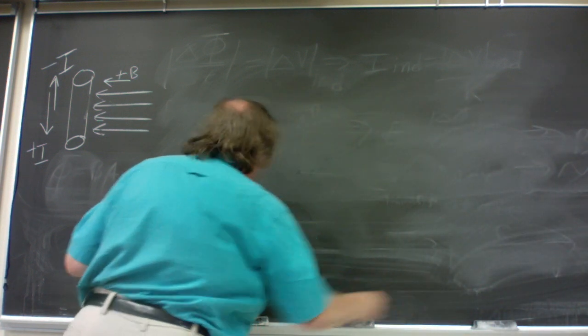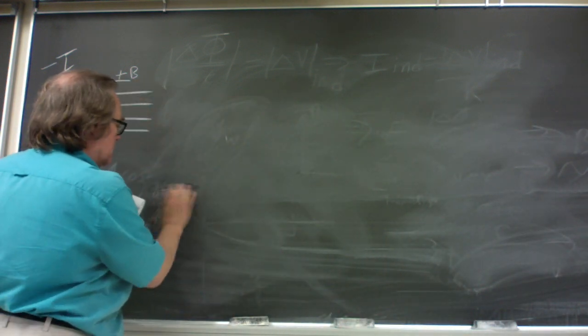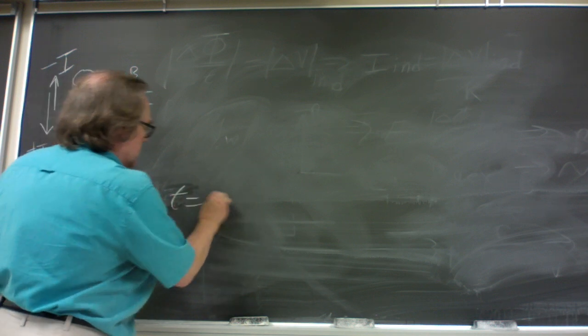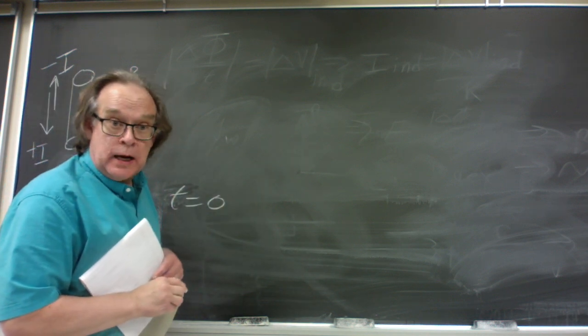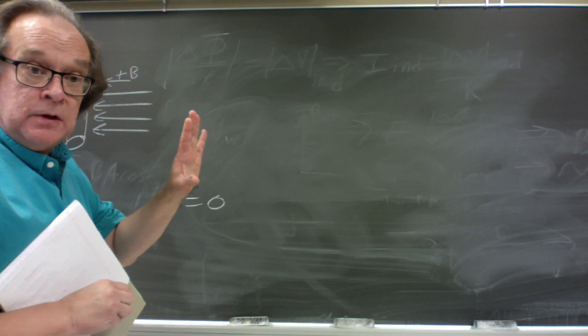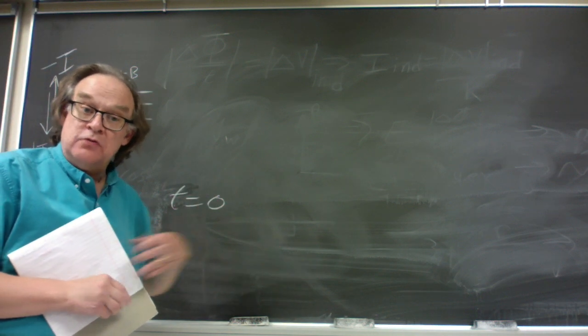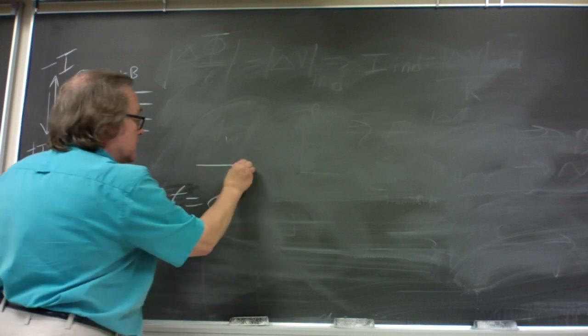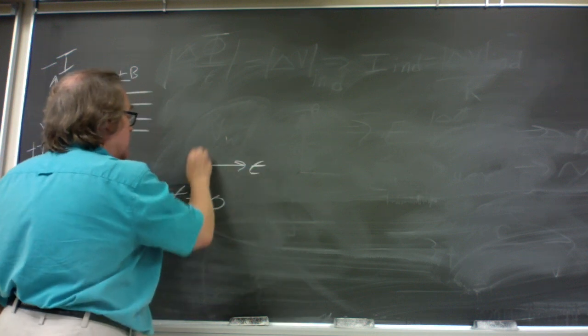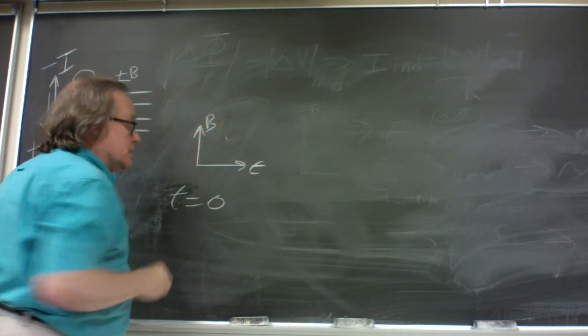So at time zero, when we first start watching, we take a snapshot of that wave. And at that moment, the electric field points this way and the magnetic field points that way.